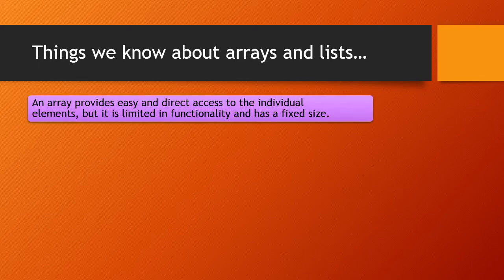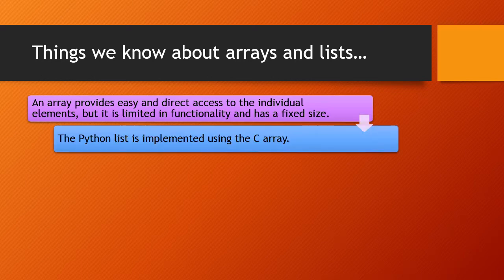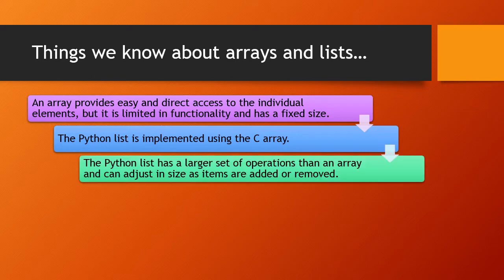An array provides easy and direct access to the individual elements, but it is limited in functionality and has a fixed size. The Python list is implemented using the C array. The Python list has a larger set of operations than an array and can adjust in size as items are added or removed.